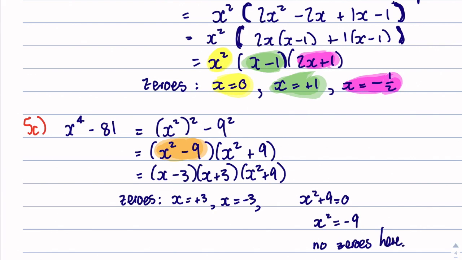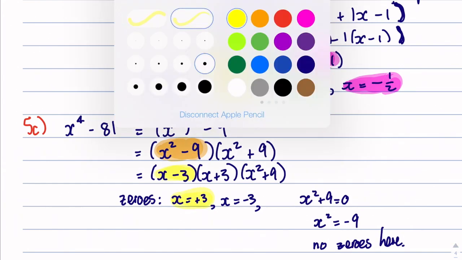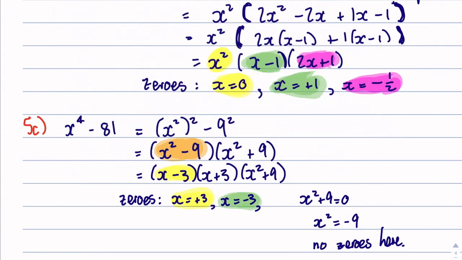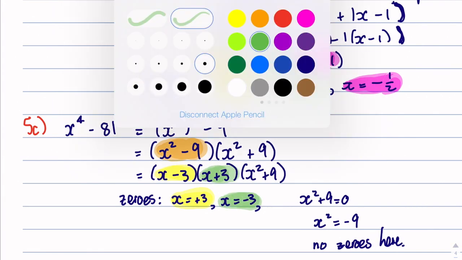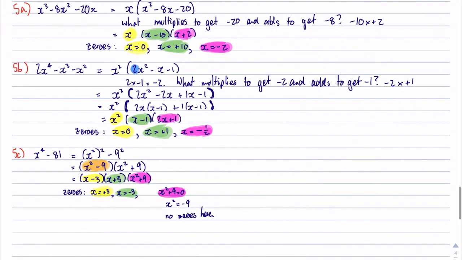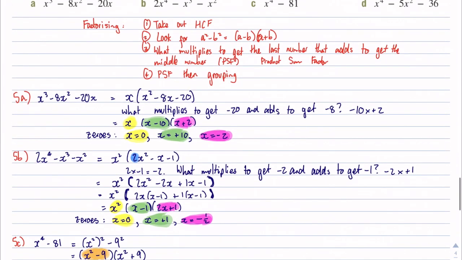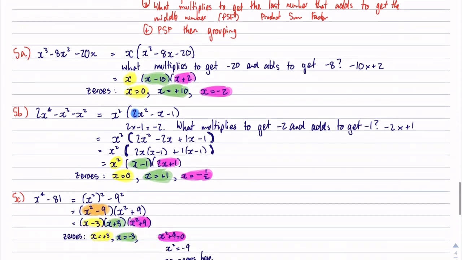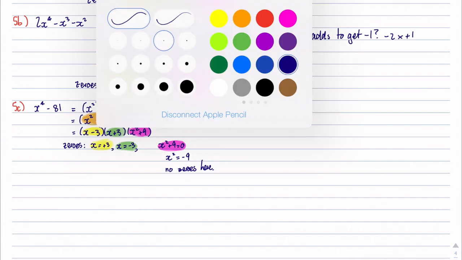So we just get those two. The last one couldn't do anything. Okay, and finally we've got x to the 4 take 5x squared take 36. So 5d.